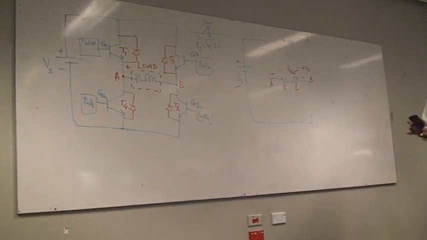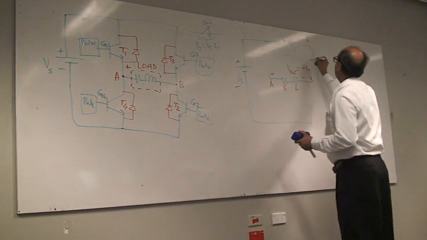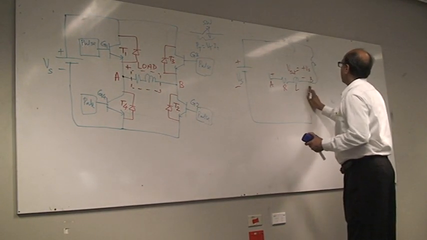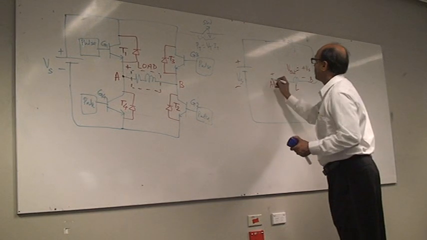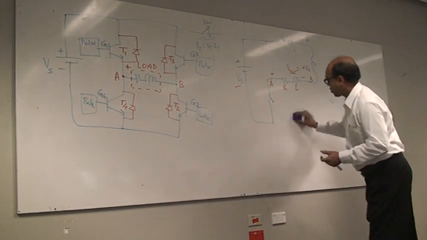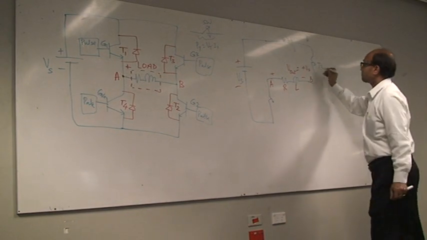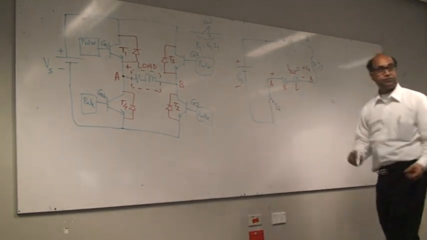Now coming is T3 and T4, so this circuit will be going here and coming there, and this part will be going here and coming there. Okay? So this is my second circuit when T3 and T4 are on. This is my T3, this is my T4.